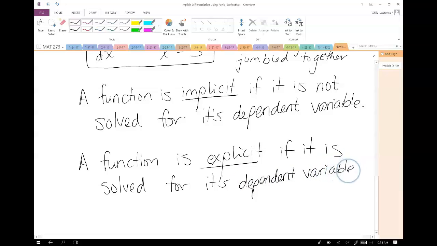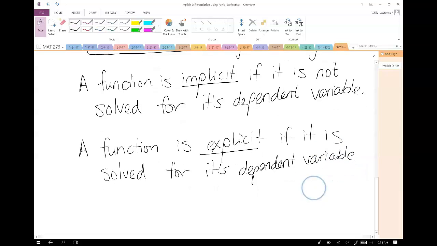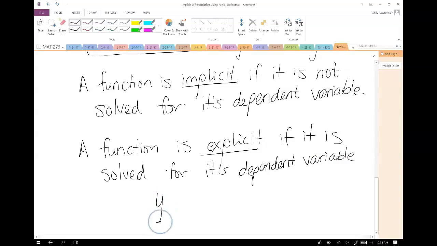And this is typically what we see as function notation, y equals f of x. This is explicit function notation. And up here, implicit, it is not solved for its dependent variable.